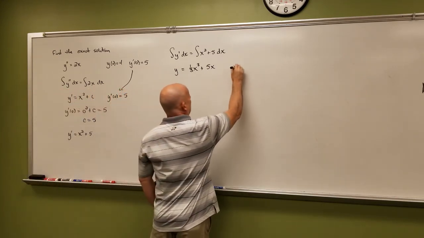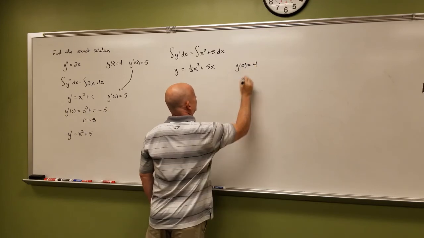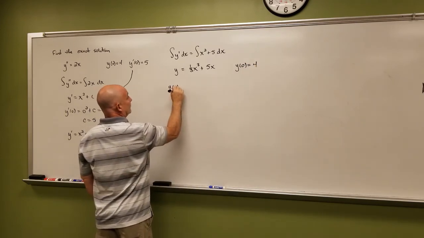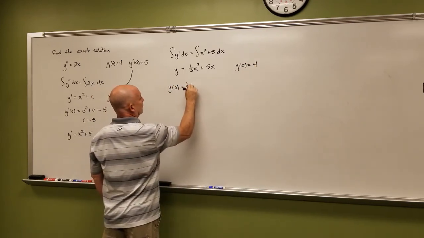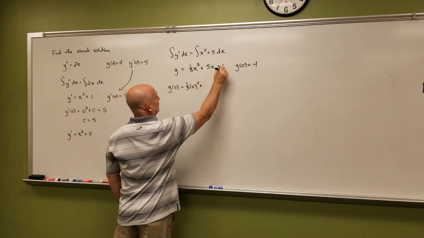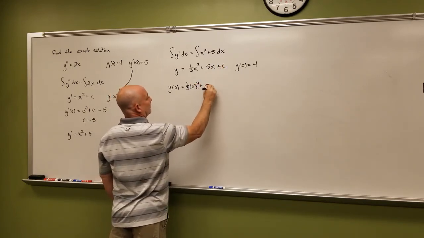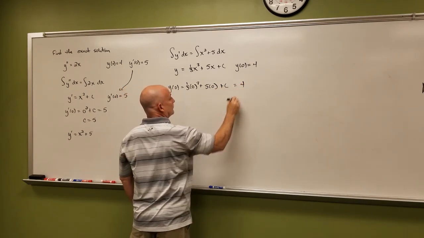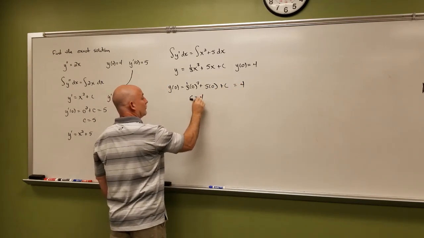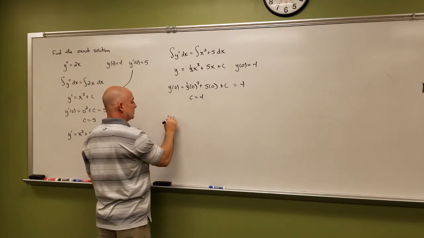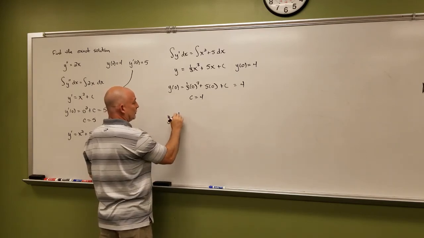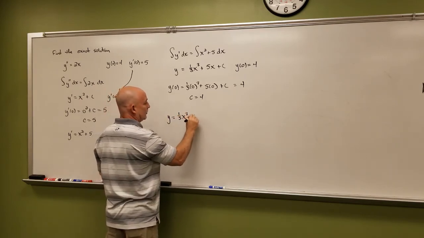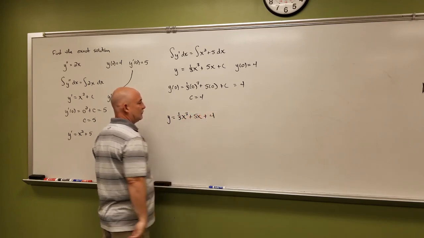Again, I know y of 0 is equal to 4. So y of 0 is 1/3 0 cubed, oh, I forgot my c, plus 5 times 0 plus c. And we know that that has to be equal to 4, so c is equal to 4. So the exact solution to this differential equation is y is equal to 1/3 x cubed plus 5x plus 4.